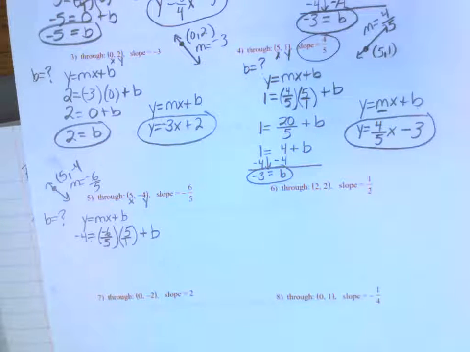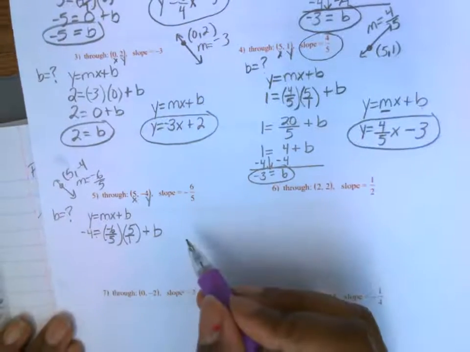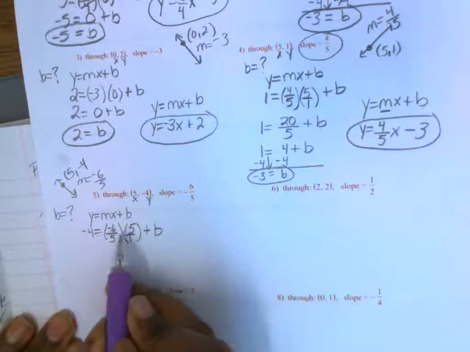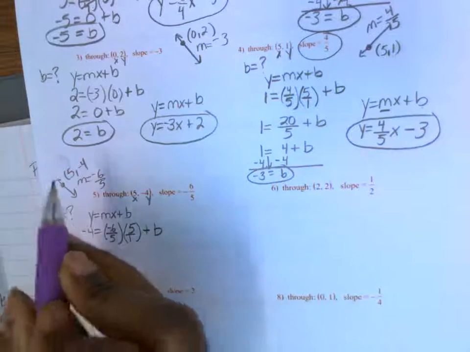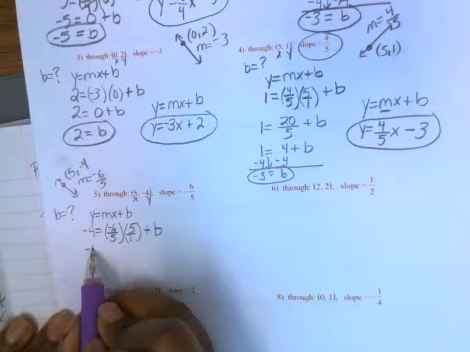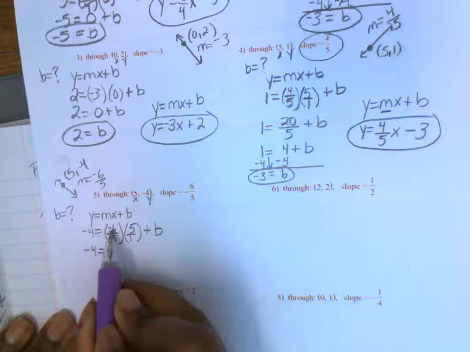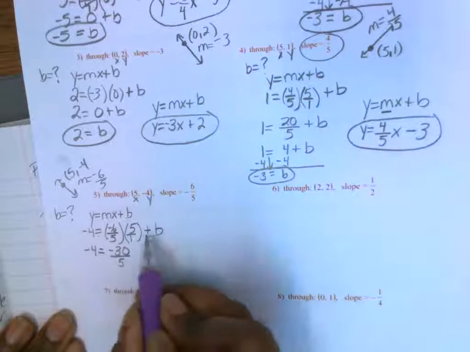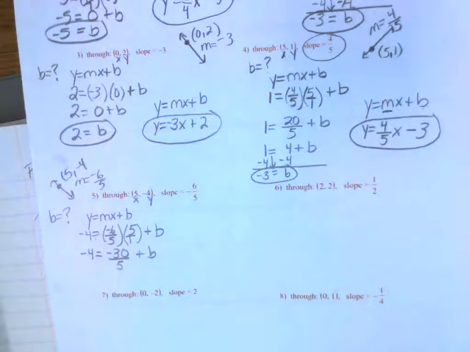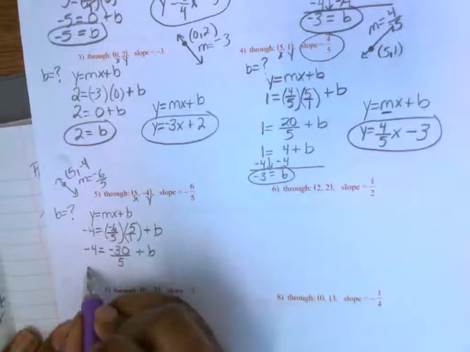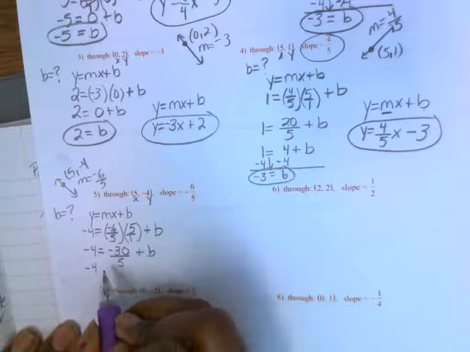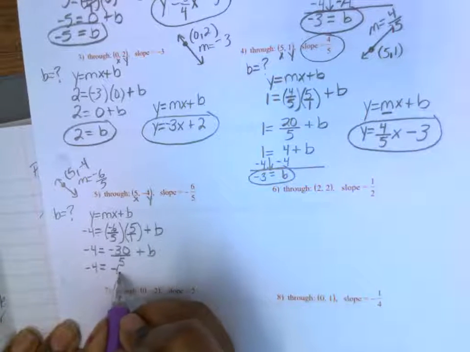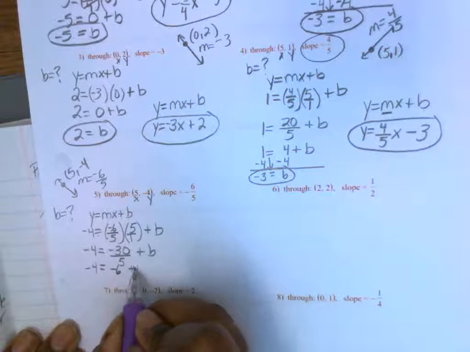Are there any questions? Okay, so now we're going to multiply straight across here, just like we did in the previous problem. Bring down the -4. This is going to be -30 over 5. Bring down the plus b. When we simplify, -30 divided by +5 is -6. So this gives me -4 is equal to -6 plus b.